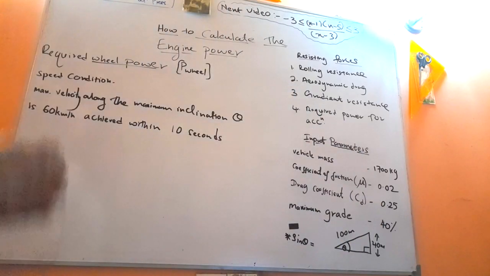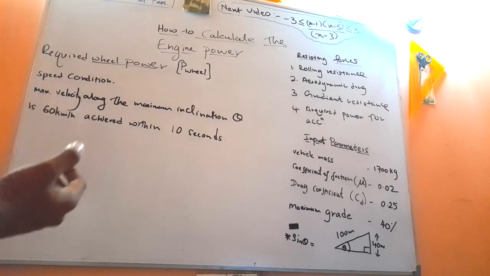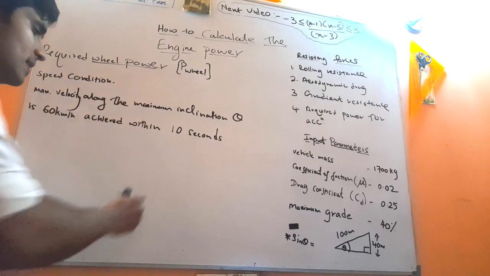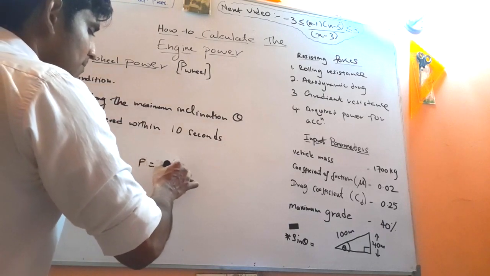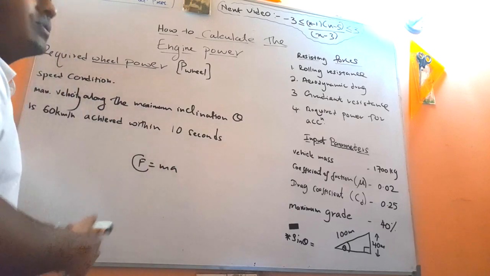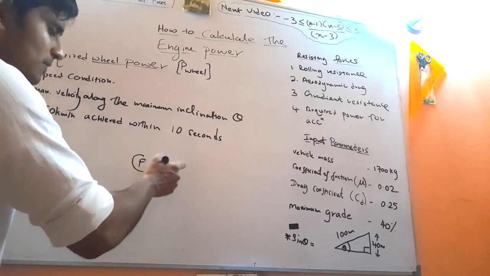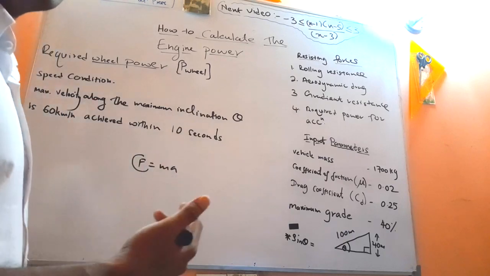There I want to mention something. How do we calculate the required force for the acceleration? You know that is F equals ma, where F is the force required for the acceleration of a mass m. So what is the required power?